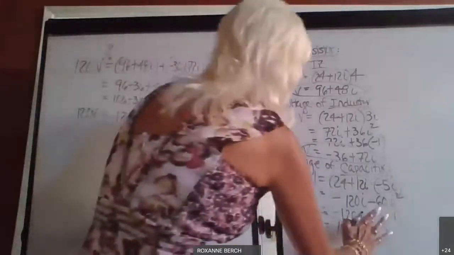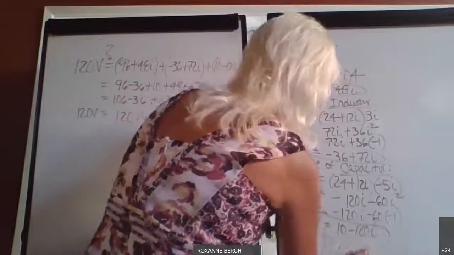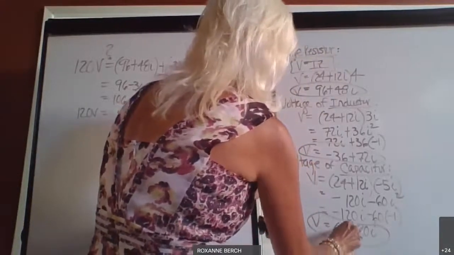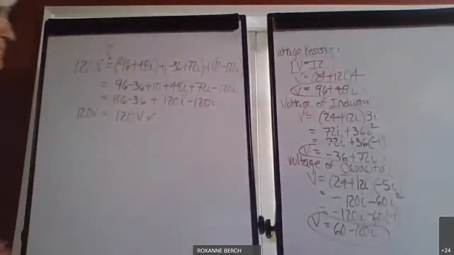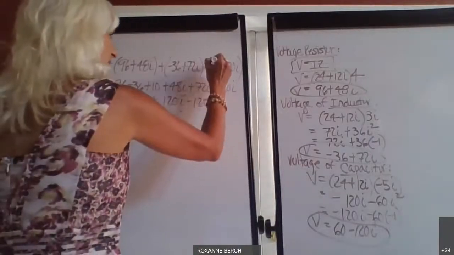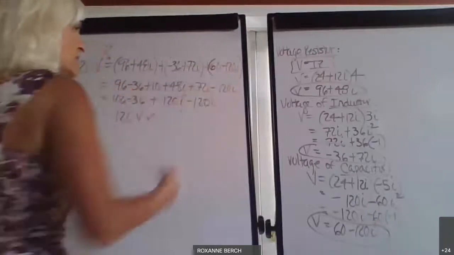And so that would be negative 60 times negative 1, which would be a positive 60. Yes? And so would this be 60? See how my work, guys? I just have to change parts of it.